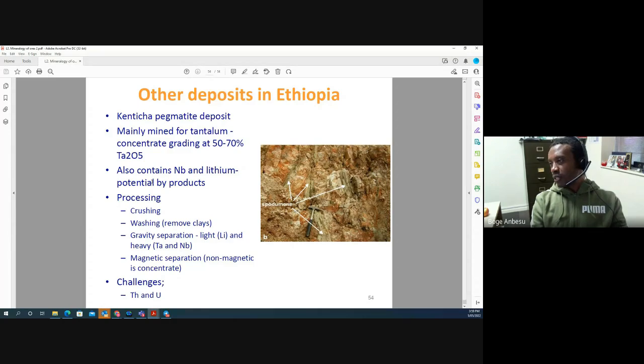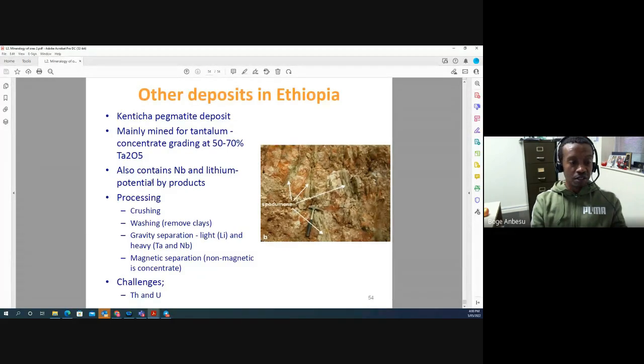So what are the challenges in this type of deposit? From our studies, we found that there's a lot of thorium and uranium in the deposit. So there are obviously issues of radioactivity with it. So you have to deal with removing the thorium and uranium from the concentrate before you ship it.